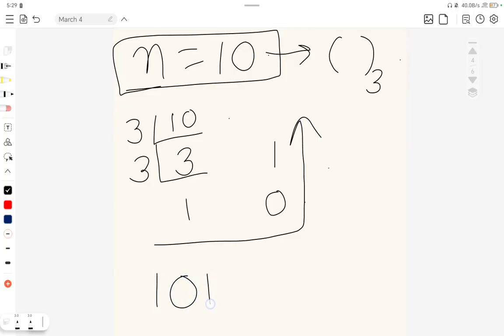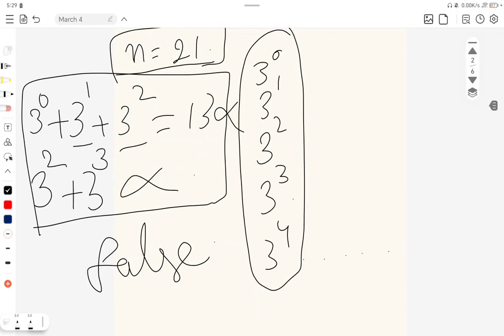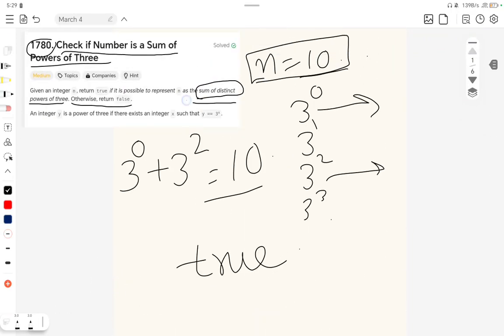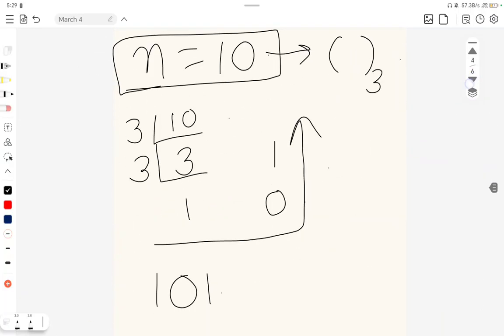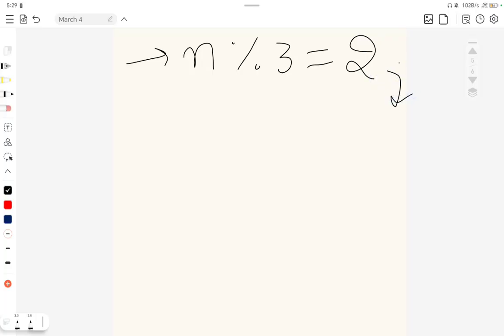1 0 1. Now, as I already said, it should be a sum of distinct powers; this is the keyword used to solve the problem. If any digit in the representation leads to remainder 2, that is, if n modulo 3 is equal to 2, then return false.